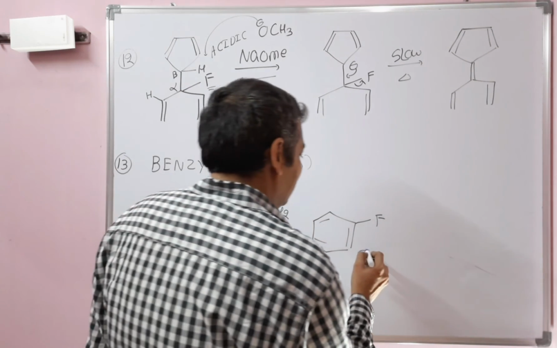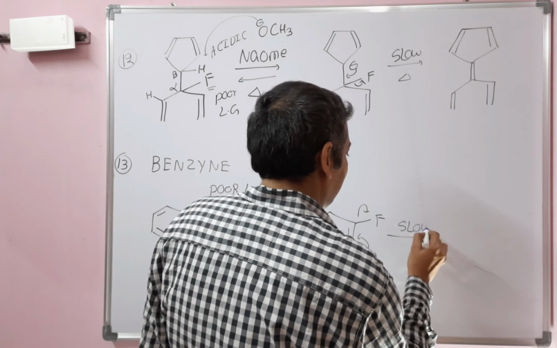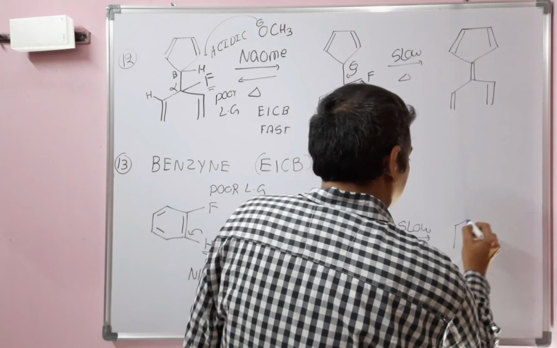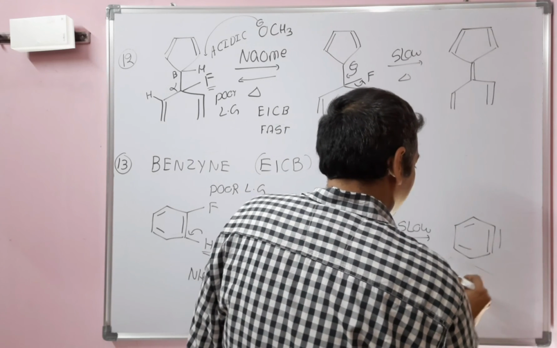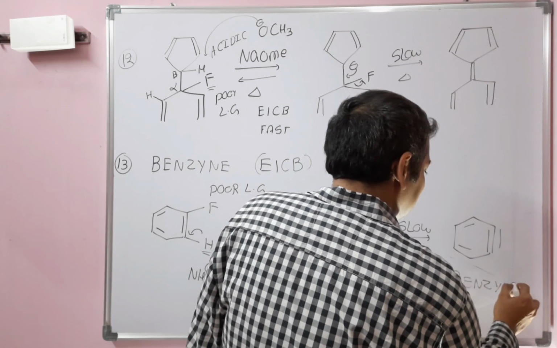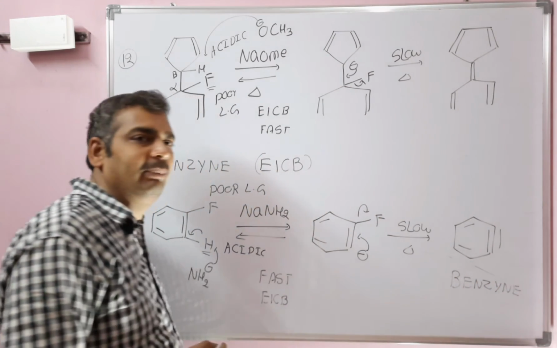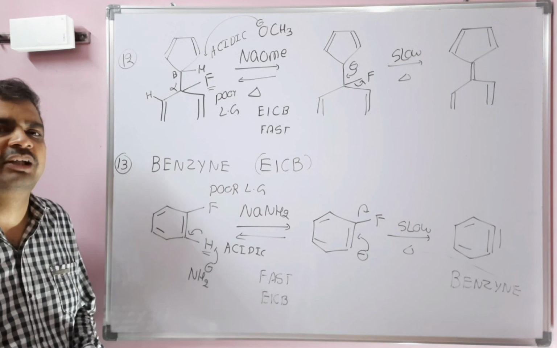In the second step, expulsion of the leaving group is a slow step at high temperature. So the product obtained is benzene. This preparation of benzene is an example of E1CB.